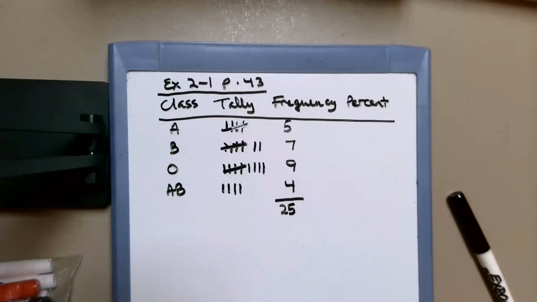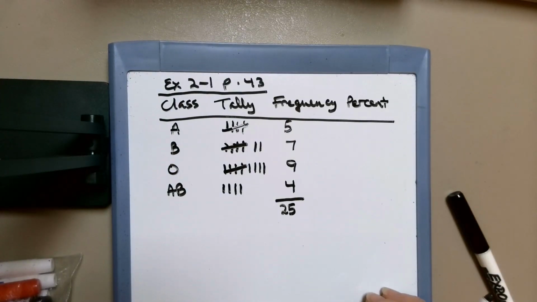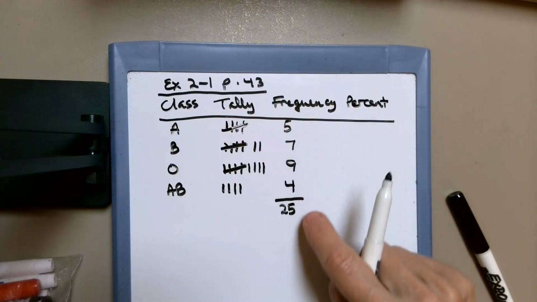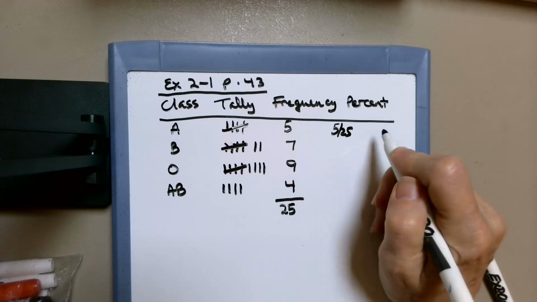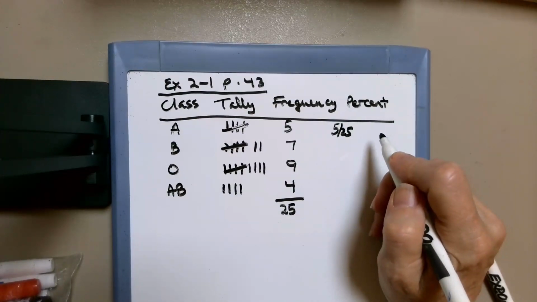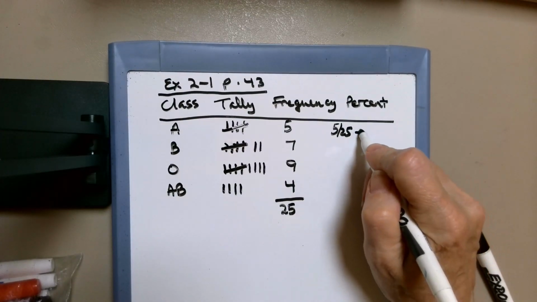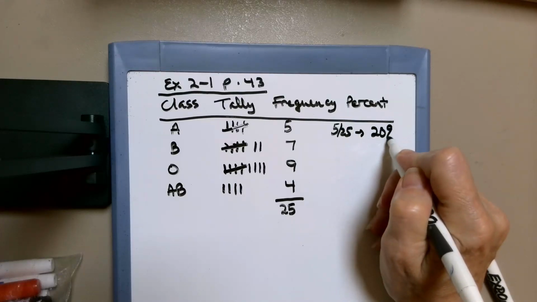Now I want to write the percent of each. If I take 5 divided by 25 in my calculator, I'm going to get 0.2, which gives you 20%.